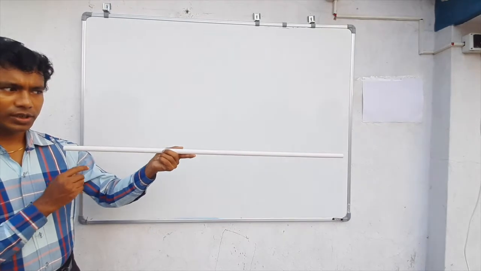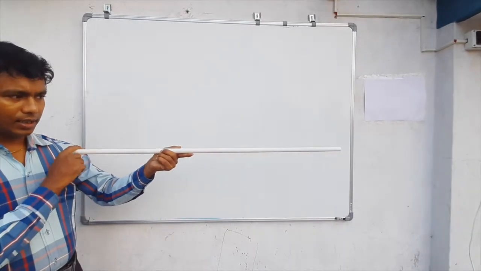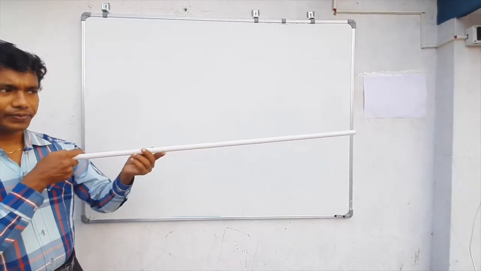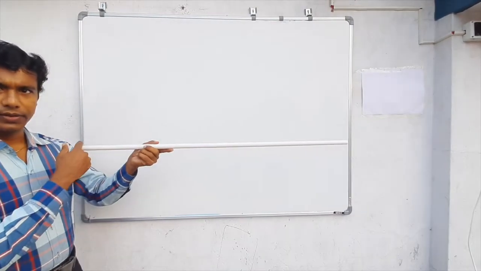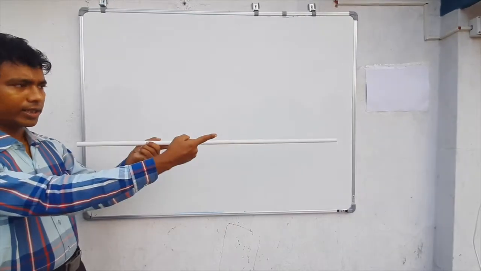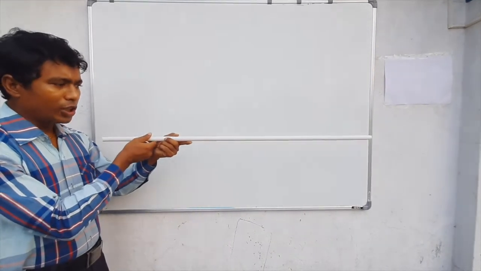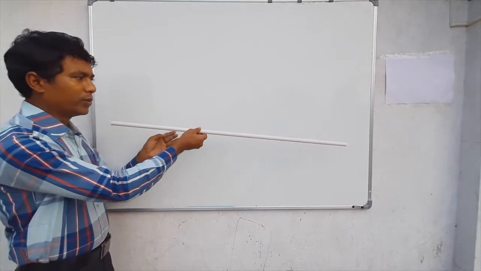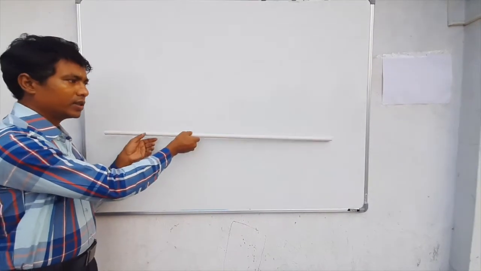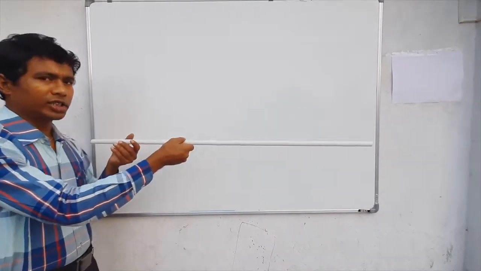Let's consider this is the line AB, say A, this end is A, that end is B. The line AB is parallel to the VP.